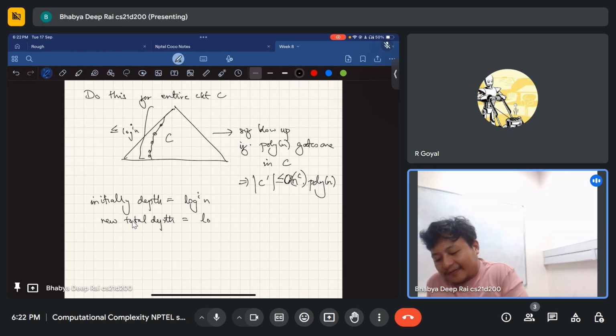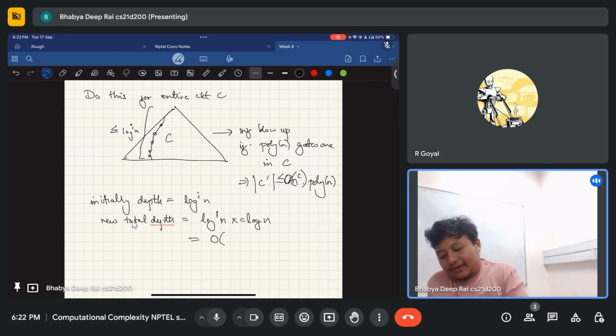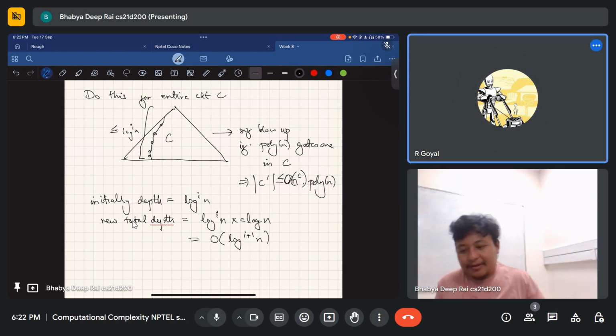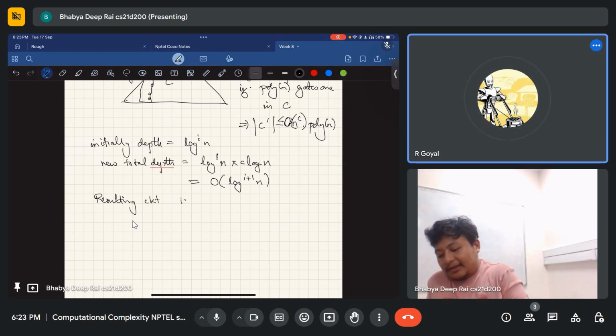Each of the original gates is multiplied by the depth of the gadget, which is C log n, so the total is order log to the I plus 1 n. So the resulting circuit is an NCI plus 1 circuit.